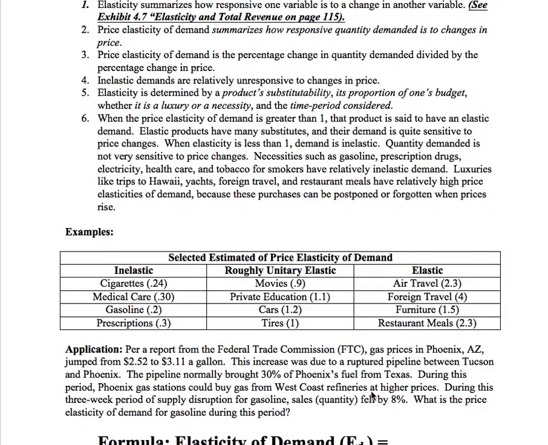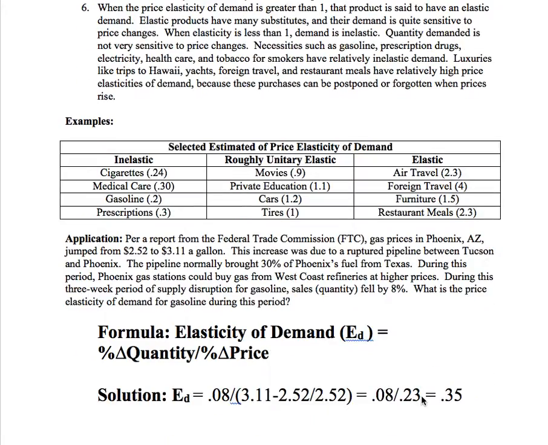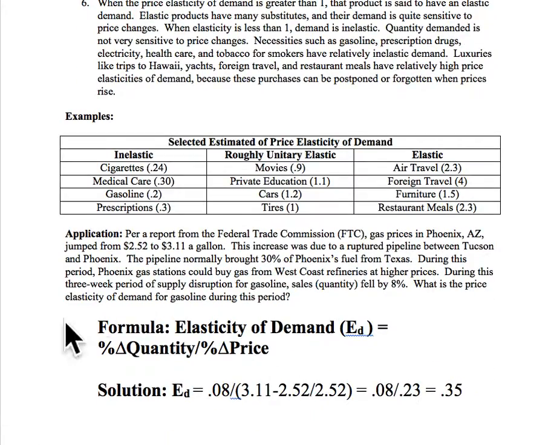Now, let's look at an application. The application and the formula, but let's get to the application first of all. Let's say gas prices in Phoenix jumped from $2.52 to $3.11 a gallon. This increase was due to a ruptured pipeline between Tucson and Phoenix.